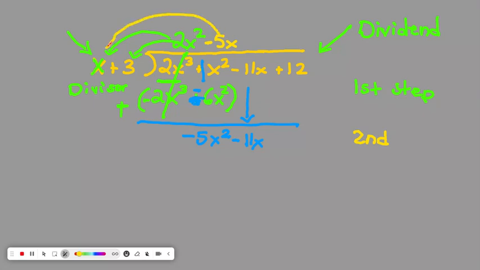Negative 5x times x gives us negative 5x squared. And negative 5x times 3 will give us negative 15x. Put a line. We're subtracting. Remember to change the signs. That becomes a plus. That becomes a plus.